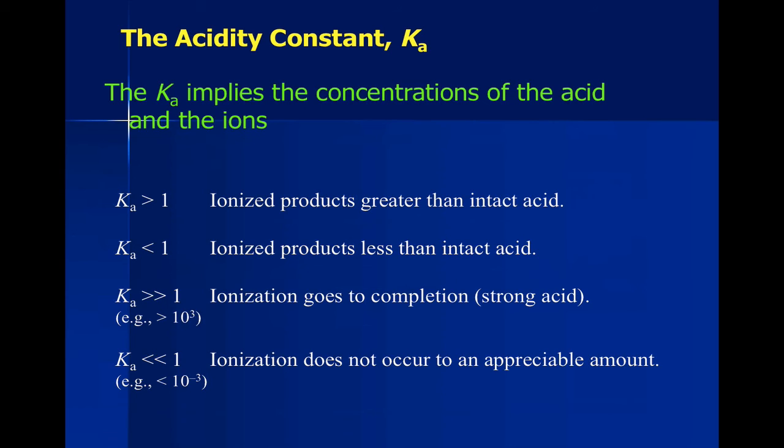I want you to know that if Ka is greater than 1, the ionized products are greater than the intact acid. In other words, the equilibrium lies to the right. If Ka is less than 1, the opposite is true. If Ka is much greater than 1, let's say 1,000 times, we say it goes to completion. Okay?